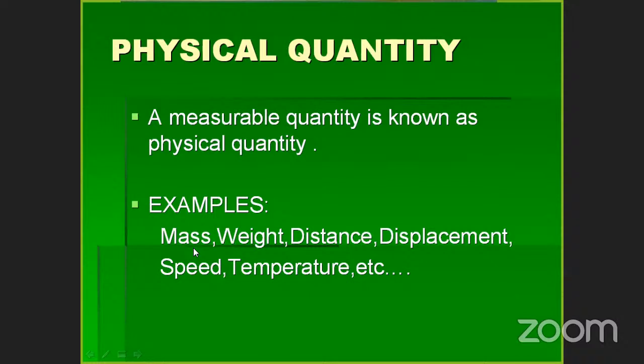Mass is measured in grams and kilograms. Weight is measured in gram weights and kilogram weights. And distance is measured in centimeters and meters using the tape scale with different types of methods. And displacement is also measured in centimeters and meters.